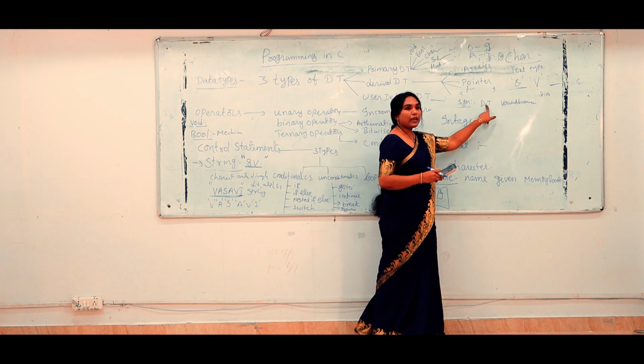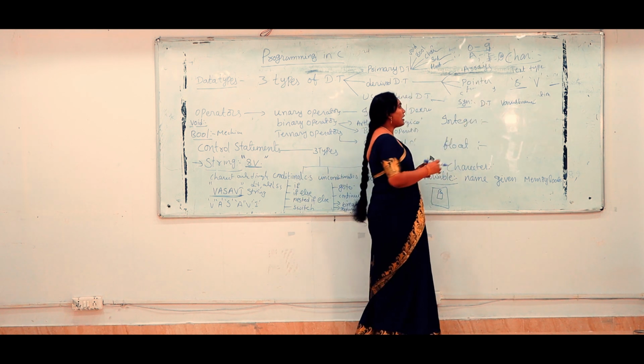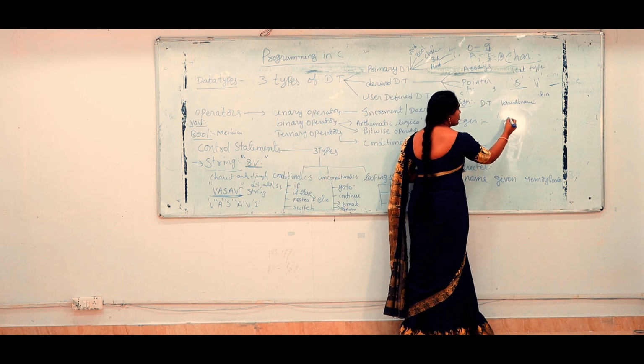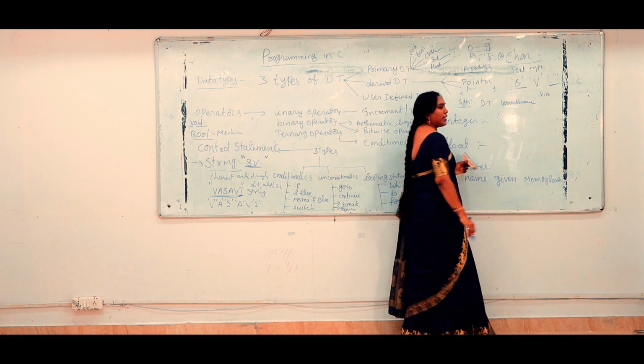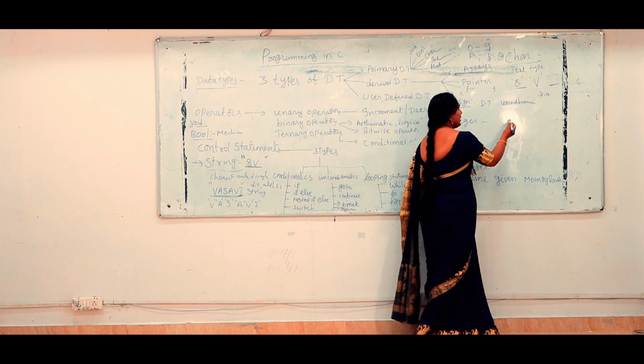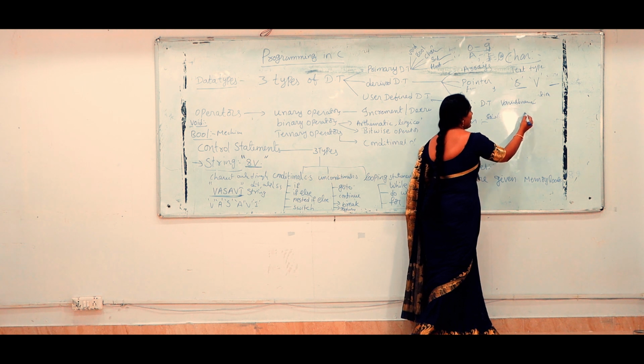Here the data types, just now I discussed: integer, float, and character. I am giving the first example using the integer. What keyword are we using for the integer? The int keyword. The data type is int. And then what is the variable name? You can give any variable name.